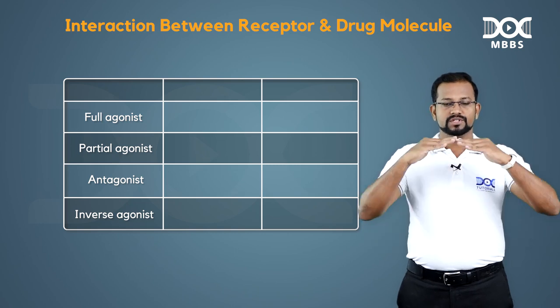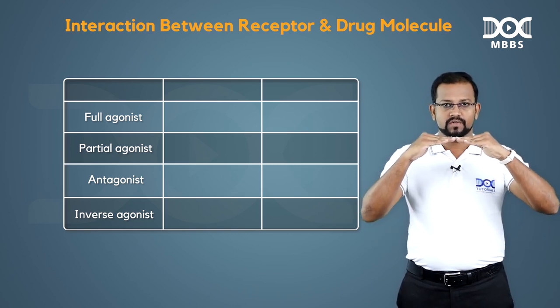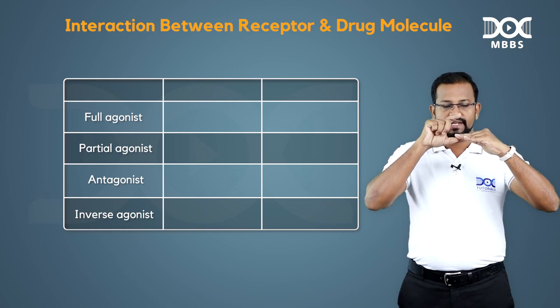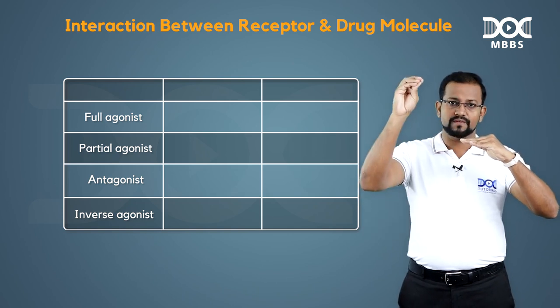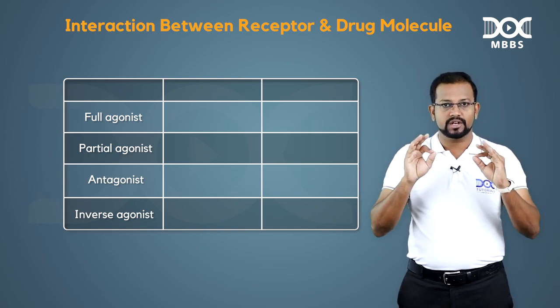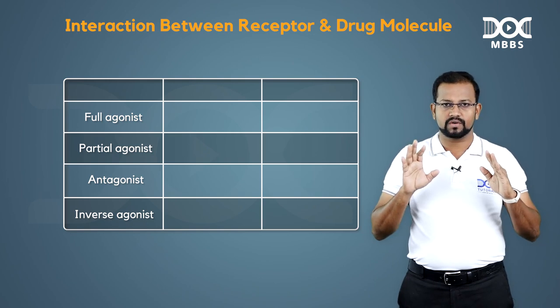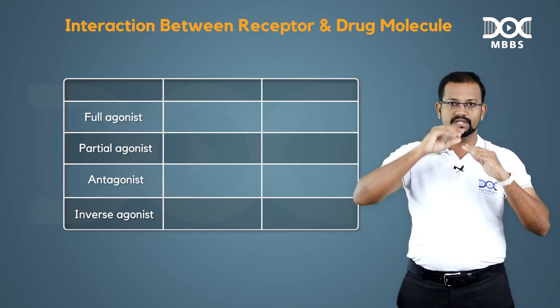Simply put, consider here is where the muscle is. We have a muscle over here and on the surface of a muscle is where a receptor is. We have a physiological, a classical neurotransmitter, a physiological neurotransmitter. It just comes and sits over the receptor.